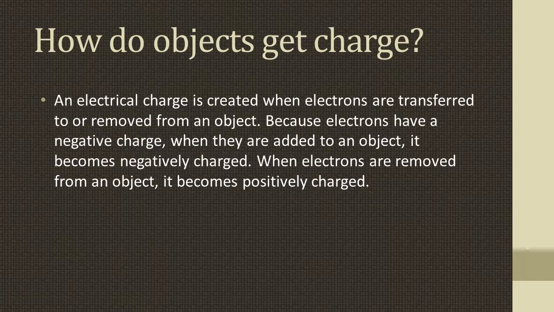Now students, how do objects get charged? An electrical charge is created when electrons are transferred to or removed from an object, because electrons have a negative charge. When they are added to an object, it becomes negatively charged.